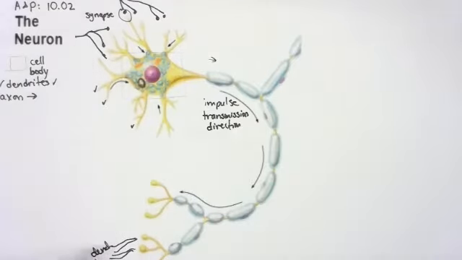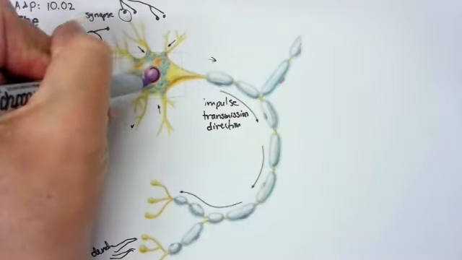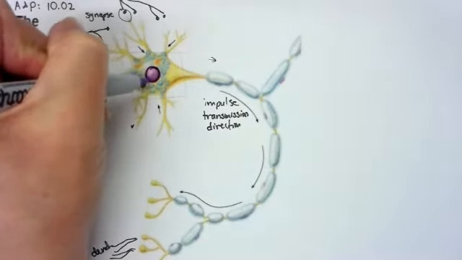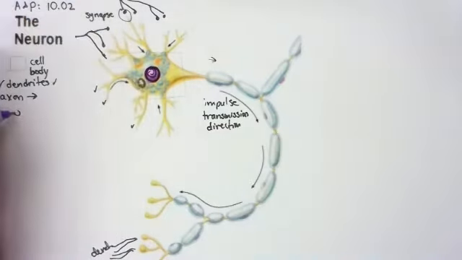Now, at the end of this, sometimes we don't have dendrites, sometimes we have muscle fibers, and we talked about neuromuscular junctions. So what are these other pieces? A lot of these things should already be familiar to you. This is in purple, so I'm just going to re-highlight mine in purple. What are we looking at there? Yep, that's the nucleus.